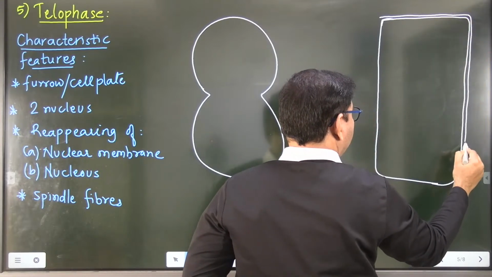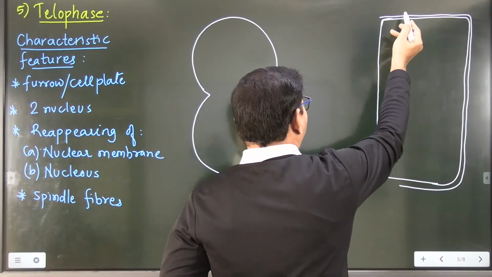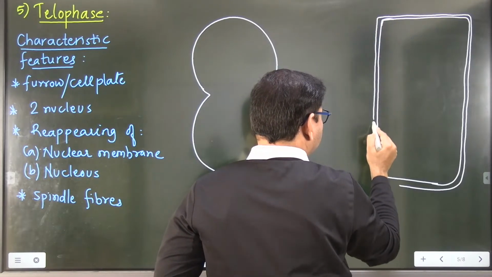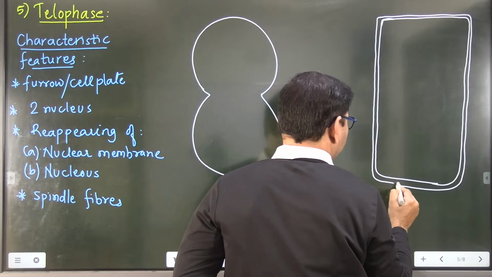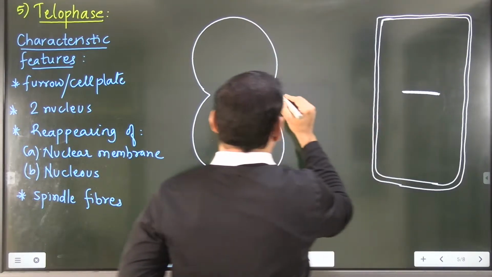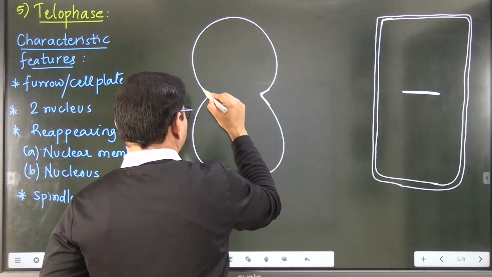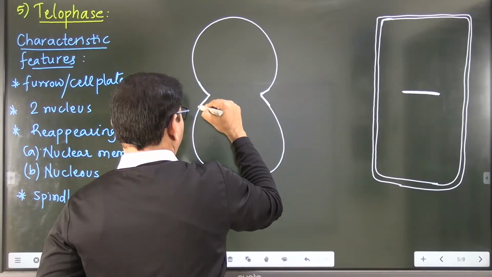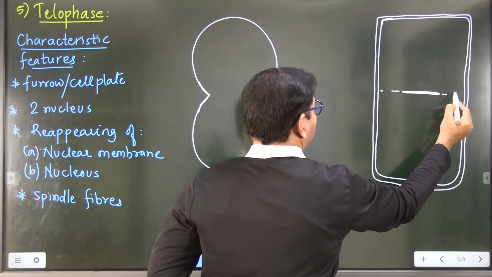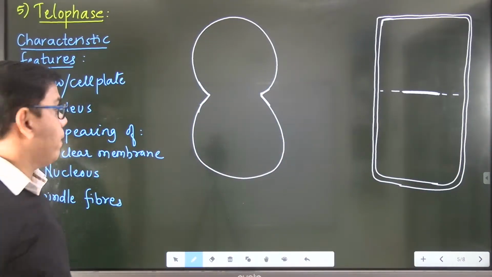A very small gap between cell wall and cell membrane. And plate formation. There is a plate. So this part is called a furrow or a cleavage, and this is the cell plate, which is forming. Clear? Fine.